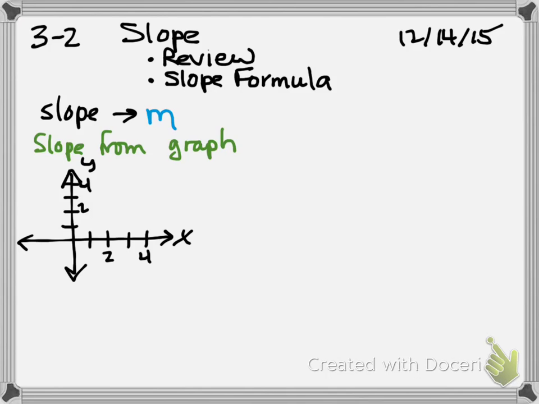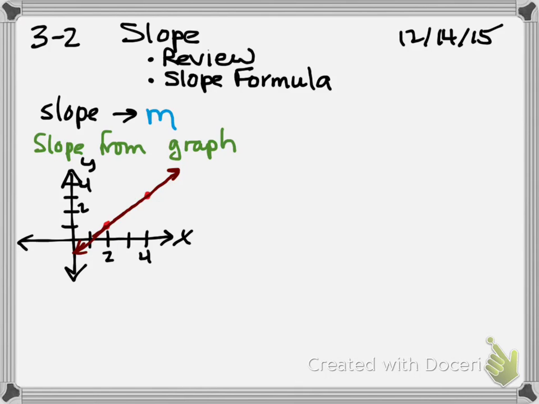Now I'm only doing a small portion of the graph just for our purposes today, but there would be 2 points that would be highlighted in our graph. And we would figure out rise over run.